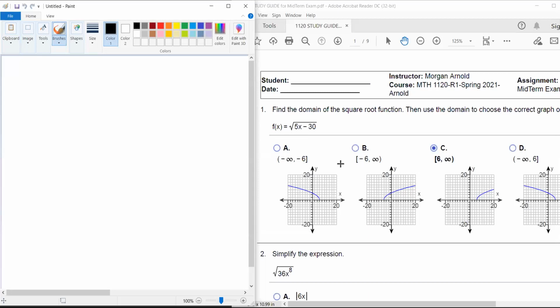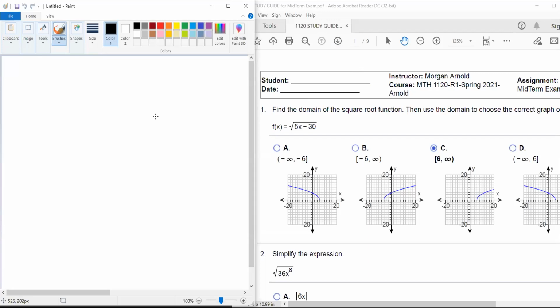Okay, you should see two screens, a split screen, my whiteboard, and also a version of the midterm study guide. Can everybody see that okay? Okay, cool. Let's get started.